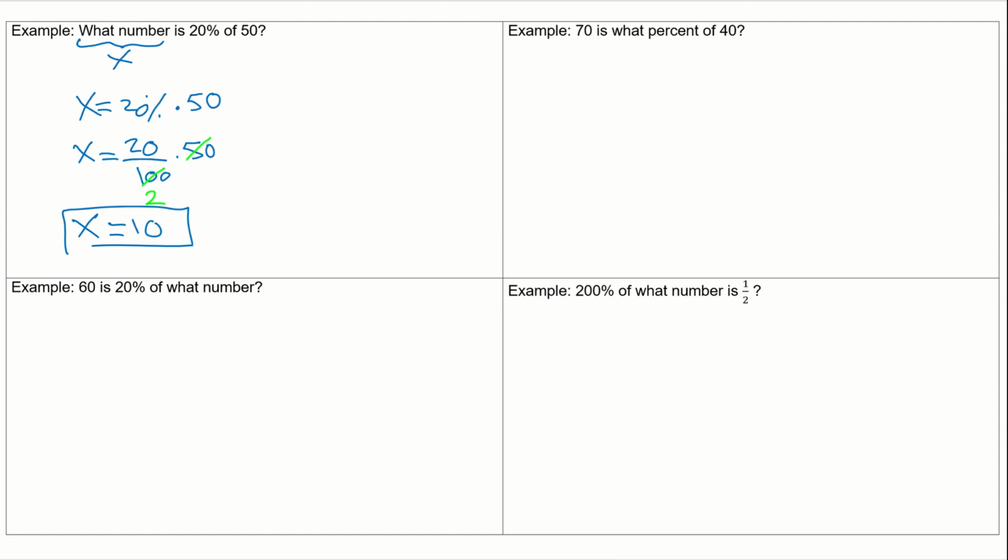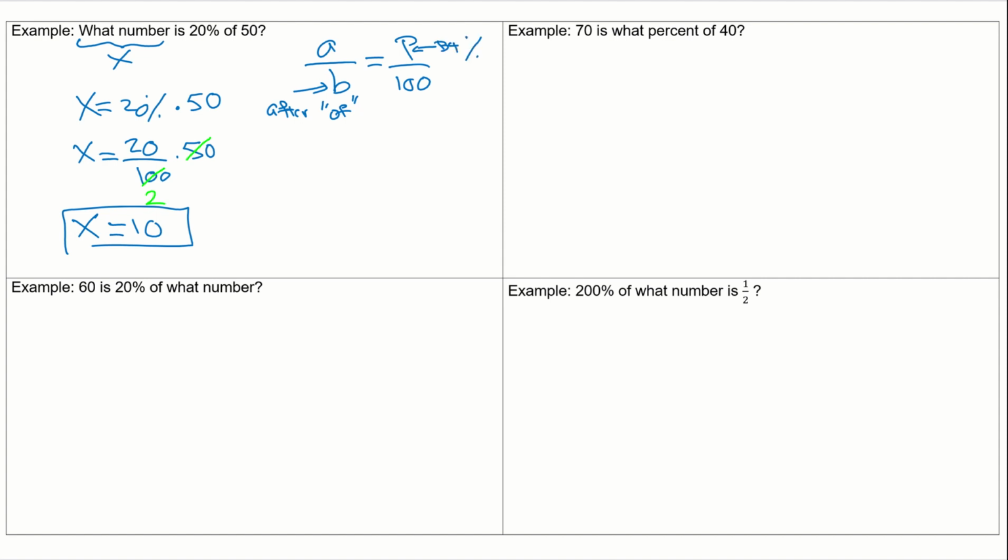Let's see if we can handle it now also with the percent equation. Remember, we had A over B equals P over 100. Now we remember that this word B always comes after the word of, and this one, P, always comes before percent.